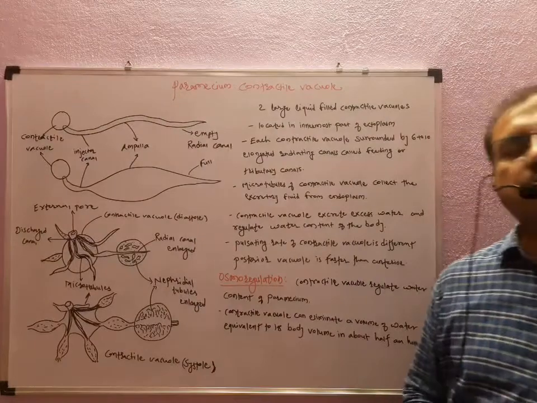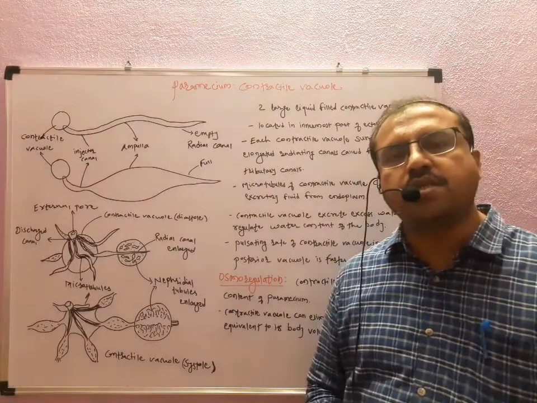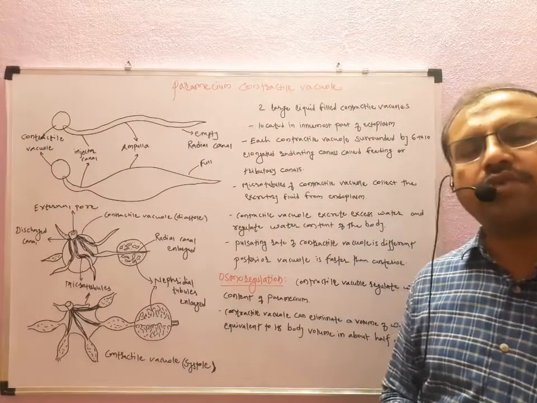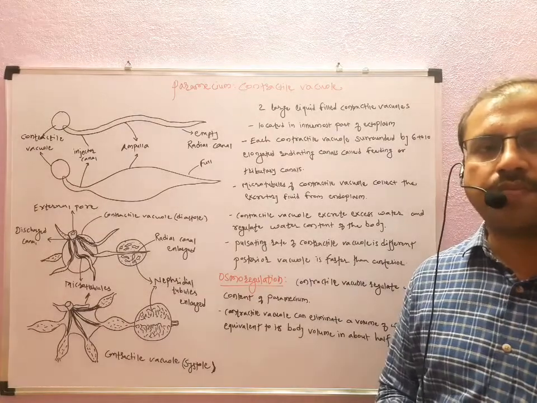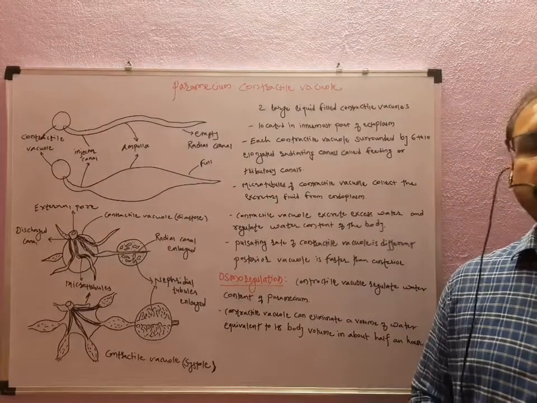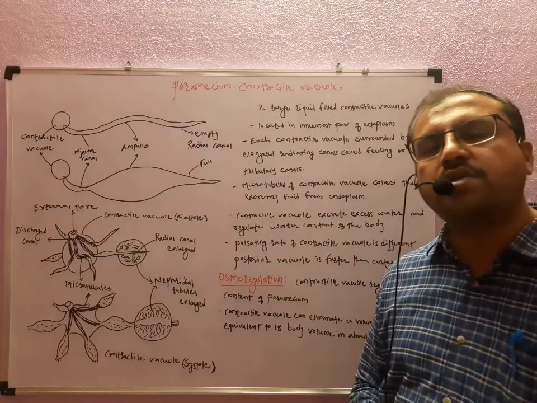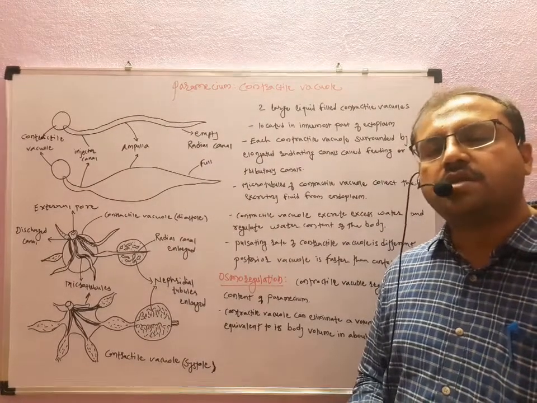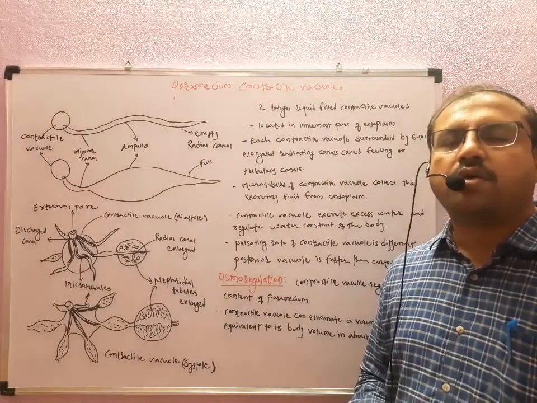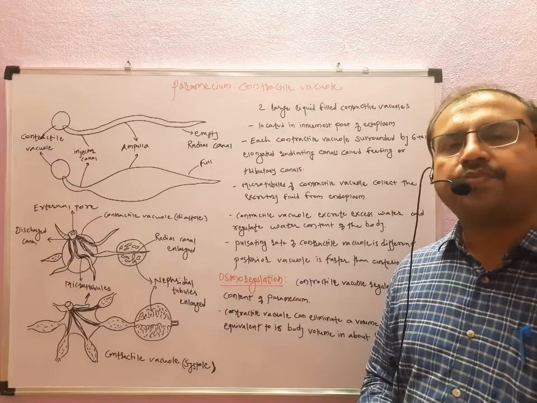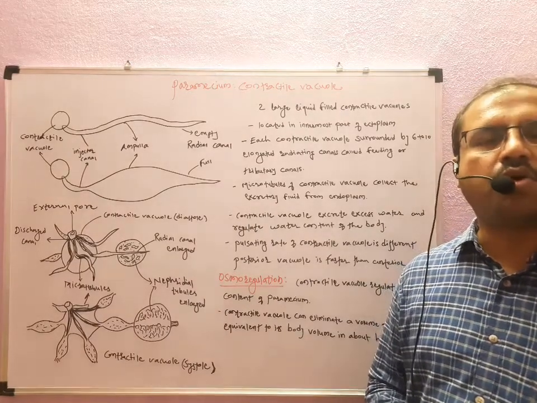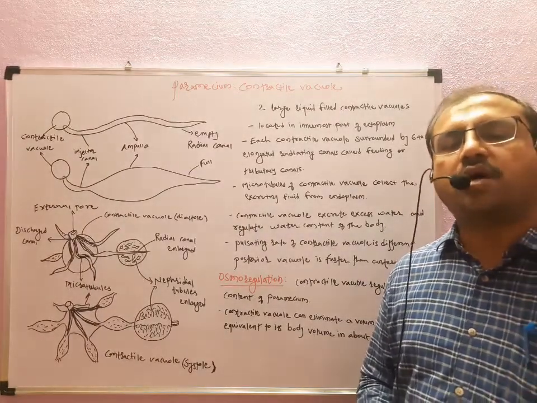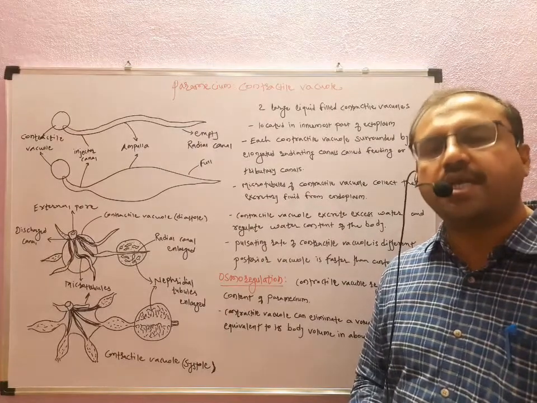The main function of the contractile vacuole is excretion along with osmoregulation. For that purpose, these contractile vacuoles continuously work in systole and diastole manner to collect the water from the anterior and posterior sides of the body and eject this water outside the cell.